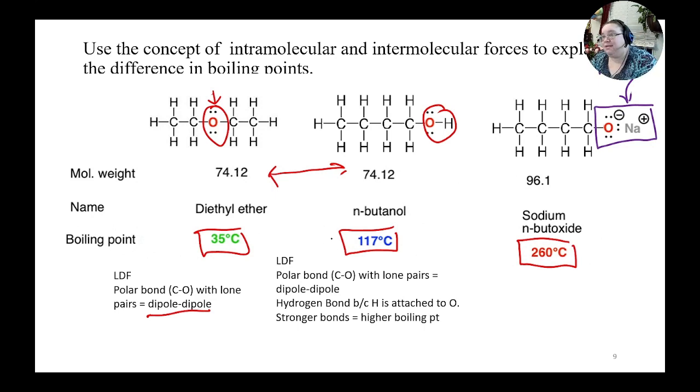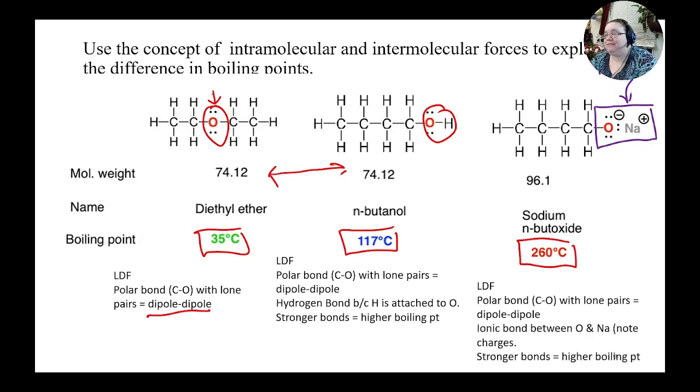That is an ionic compound with, think of it as a polyatomic for lack of better words. Technically it's ionic with an organic thing, but that ionic bond makes it much, much harder to melt or boil. So that's the reason why it has the higher boiling point.